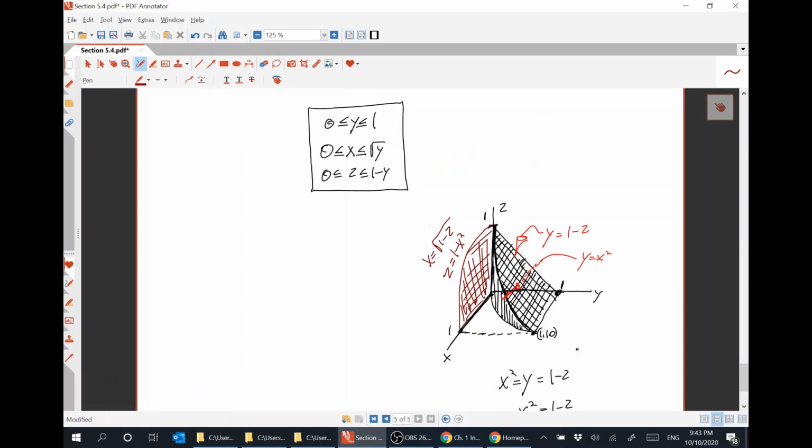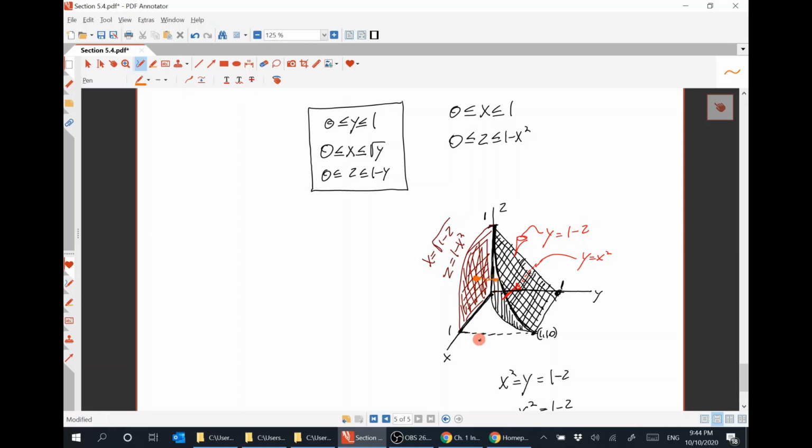So now we can write down the last two orderings. Well, on the x-axis, x goes from 0 to 1. And then on the xz plane, z goes from 0 to 1 minus x squared. And then if you took a point here in the xz plane, where's the y?